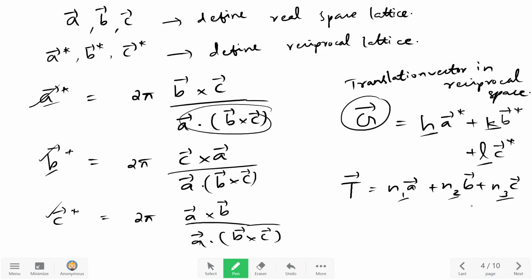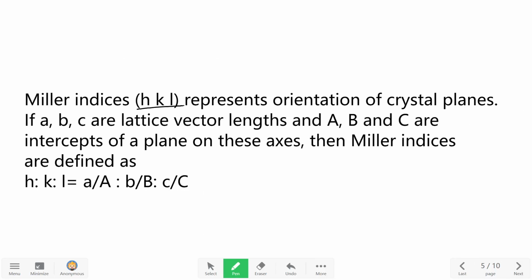Now we are discussing h, k and l. So (h k l) inside brackets is called Miller indices, and it represents the orientation of crystal planes. At what angles the planes are oriented, these indices will give you an idea.